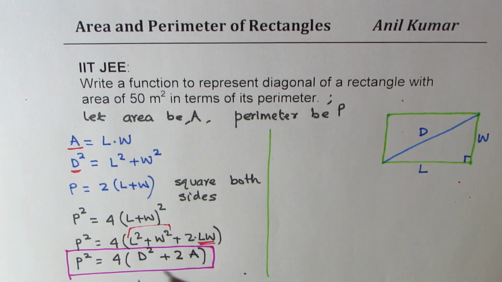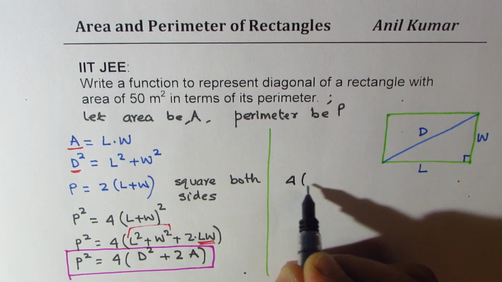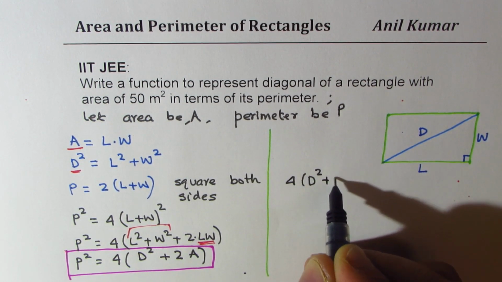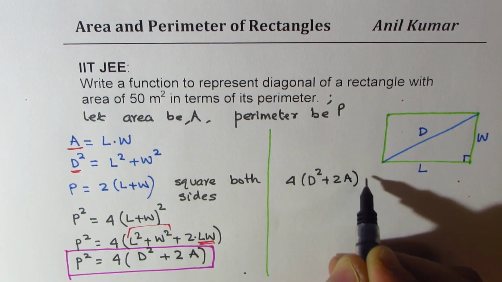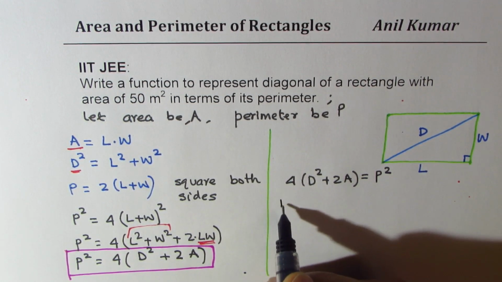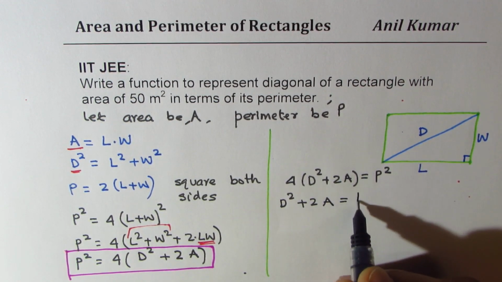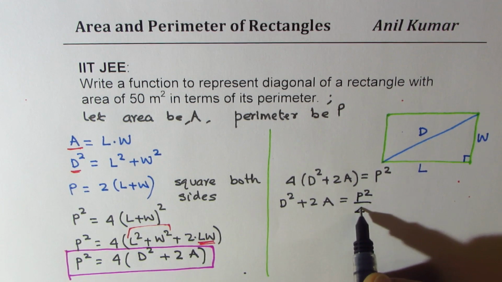Now we need to just rearrange to get the diagonal, correct? So that's what we will do. We already have an equation which says 4 times (diagonal square plus twice area) is equal to perimeter square, correct? We'll divide by 4. So we get diagonal square plus twice area equals perimeter square over 4.